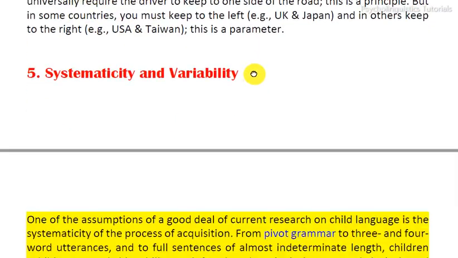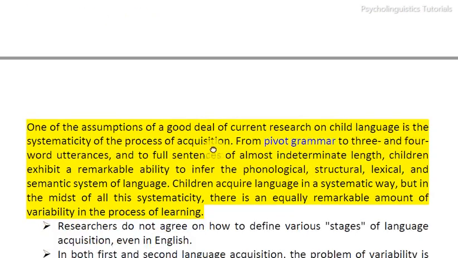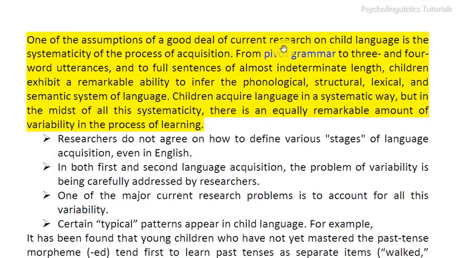Okay, number five is systematicity and variability. One of the assumptions of a good deal of current research on child language is the systematicity of the process of acquisition, from pivot grammar to three and four word utterances, and to full sentences of almost indeterminate length.